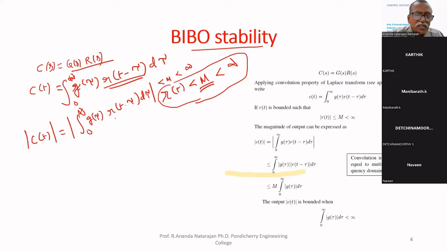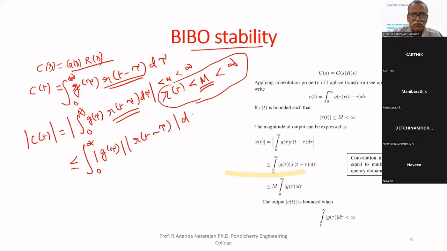But we know that R of t is bounded, that is, less than M. So we can say that it is less than or equal to the integral from 0 to infinity of modulus of G of tau times modulus of R of t minus tau d tau.